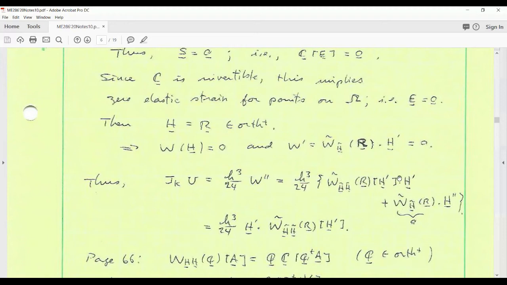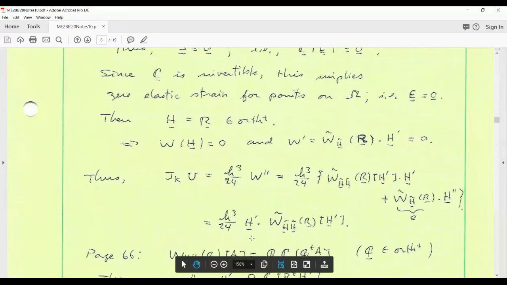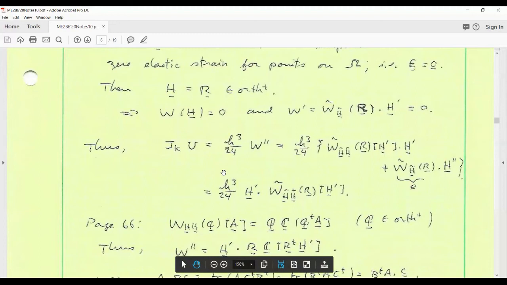So we just have this term. So the approximate strain energy valid to order H cubed, then, there's no order H term anymore because that was associated with W, which is 0 on the midplane. The leading order term is of order H cubed now. And that's just this H prime inner product, all this stuff.